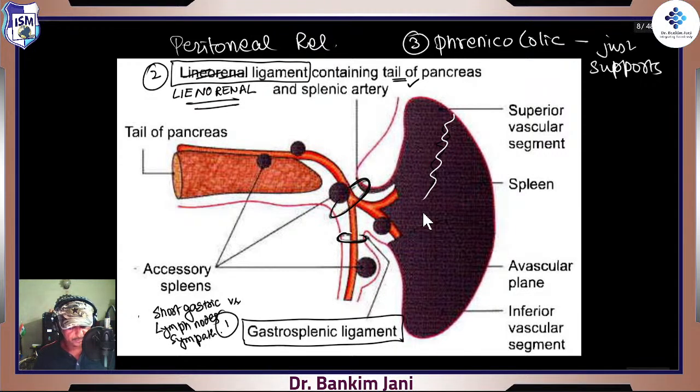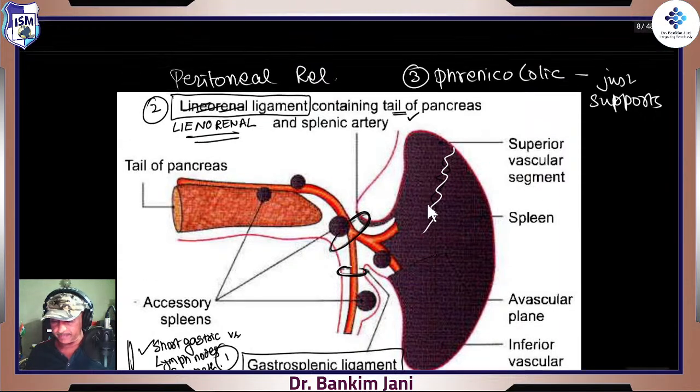Those are the short gastric vessels. They will come in the blood supply, and we will make that completely clear. So this is one. We are interested in this linorenal because it has the tail of pancreas. That's why clinically it is more important, right?